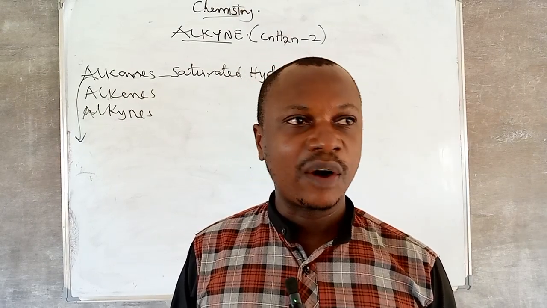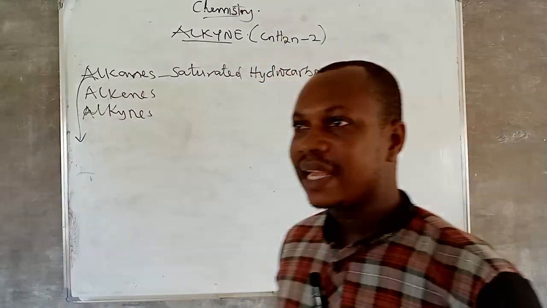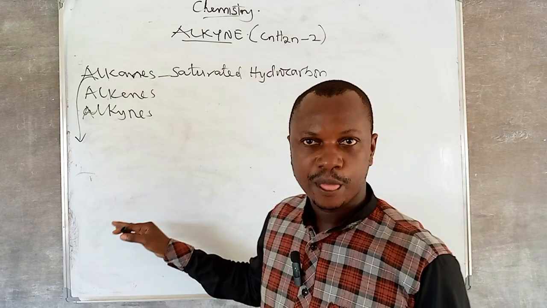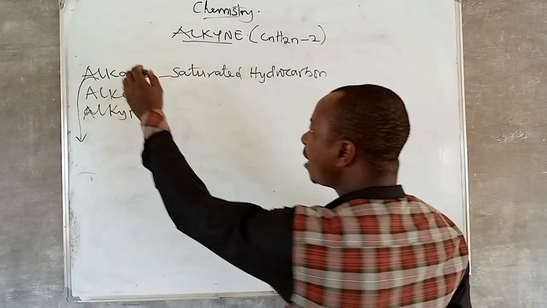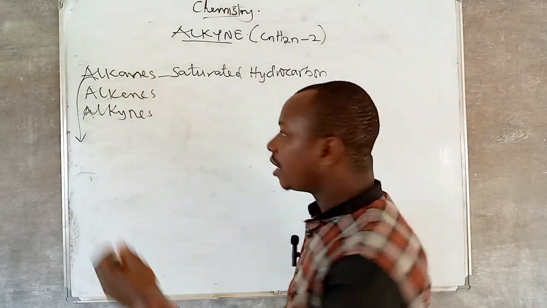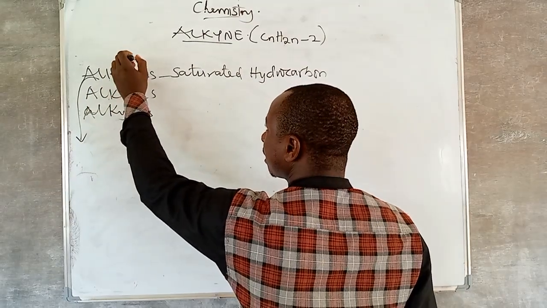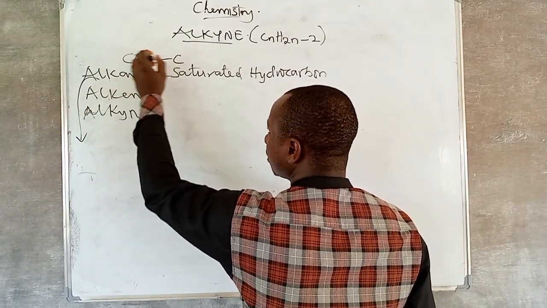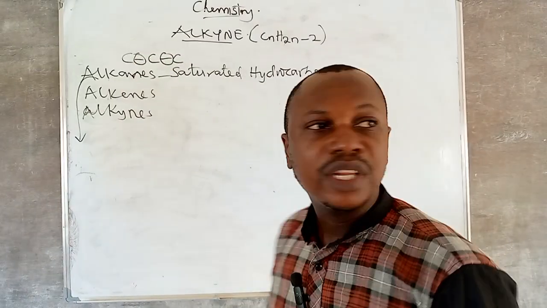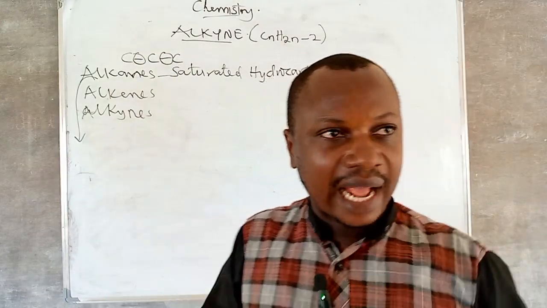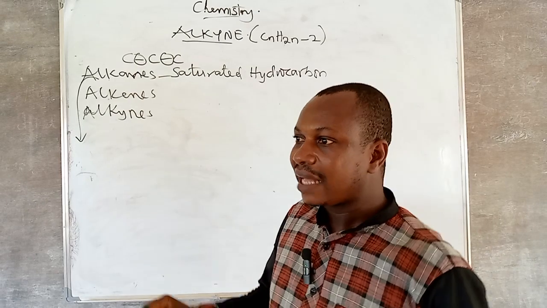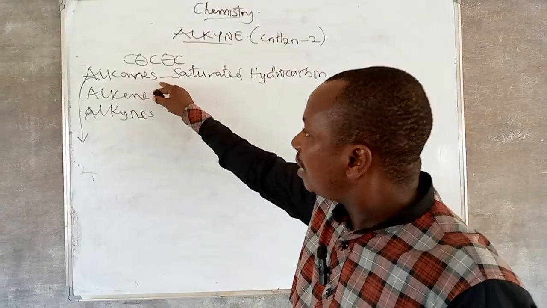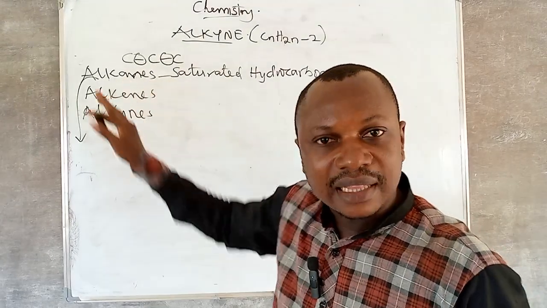So, like I always tell my students, in organic chemistry, focus more on carbon. Just a recap: for alkane, the carbon to carbon bond is single, just as you are seeing here. The bond holding one carbon atom to another is single, and that's what gives alkane their saturated state.